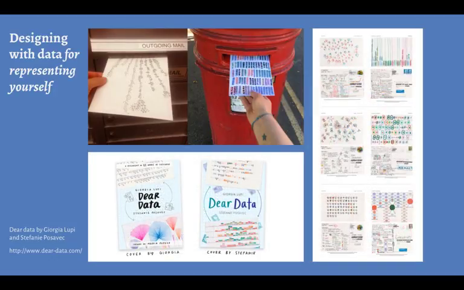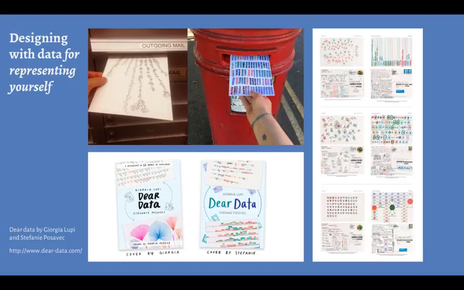You can see on the right side the different kinds of letters that they sent every week. They're very visually different and very visually stark, and it gave an impression of how data does not need to look like common charts, like bar charts or pie charts, and it could actually be shown in a much more unique visual form that you choose.